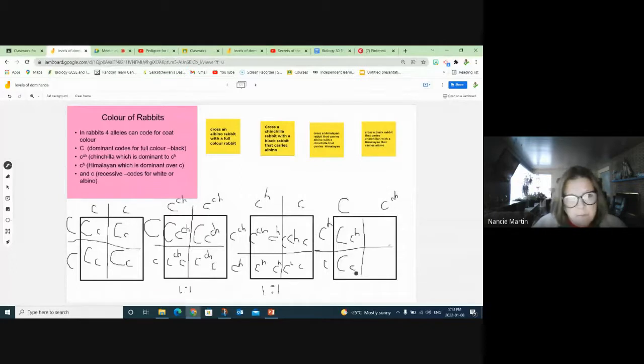Now here we're going to have a chinchilla that carries Himalayan. And here we're going to have a chinchilla that carries albino. So what do we got? We got ourselves 2 black rabbits and we got ourselves 2 chinchillas. So we've got a 1-to-1 ratio there.